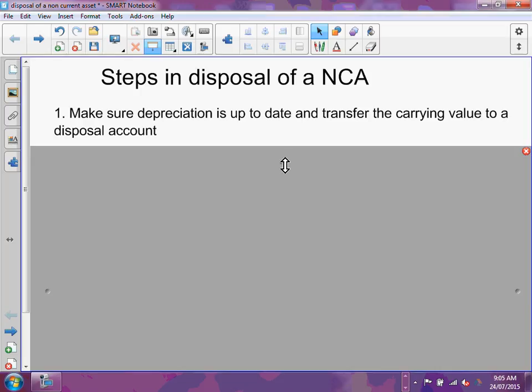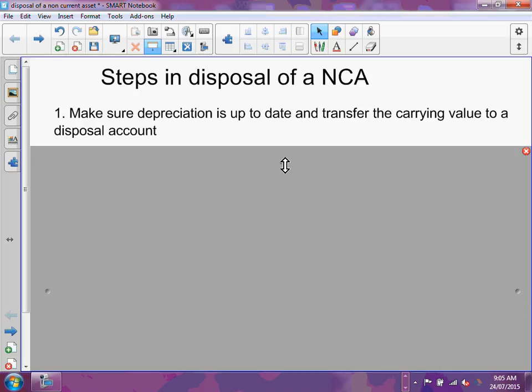Now what we are doing is we are transferring the carrying value. What's the definition of the carrying value? The historical cost minus the accumulated depreciation. So we have to get rid of that to know what the value of the asset unconsumed is left. And where we transfer it to is a new account called a disposal account.